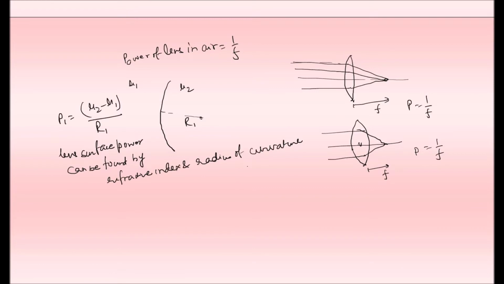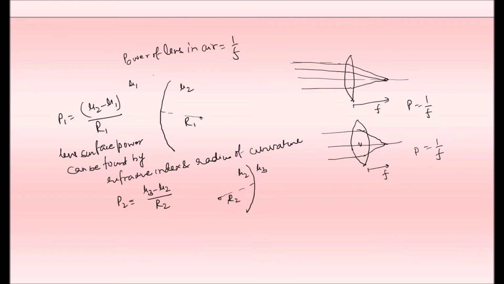Now if you consider the second surface, if you consider this surface as mu2, this surface as mu3, then the power is P2 is equal to mu3 minus mu2 by r2, where this radius of curvature is R2. Now we have to apply the sign convention.